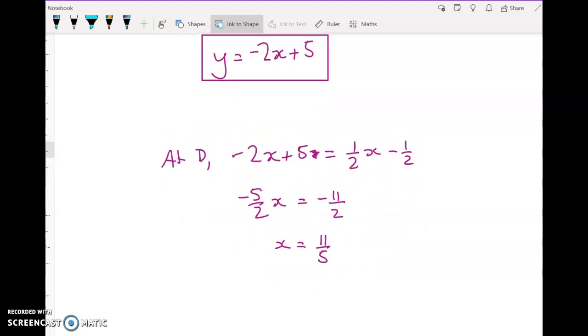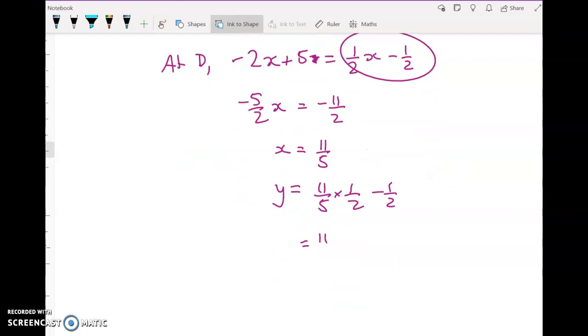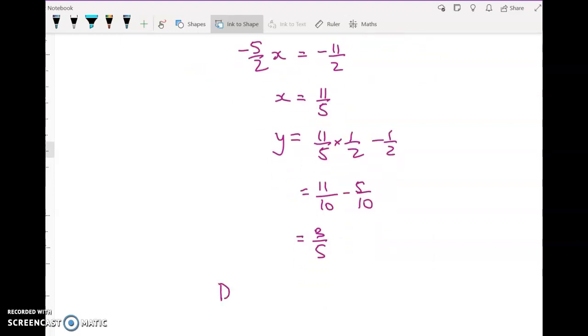And the y value here, well, we can get the y value from either of these. But the y value will be 11/5 times 1/2 minus 1/2, which is 11 tenths minus 5 tenths, 6 tenths or 3/5. So point D is equal to the point 11/5, 3/5.